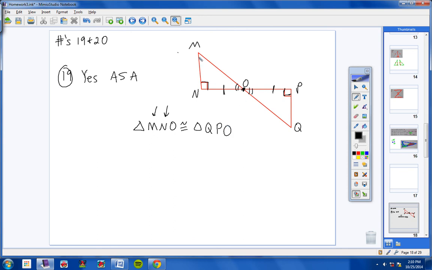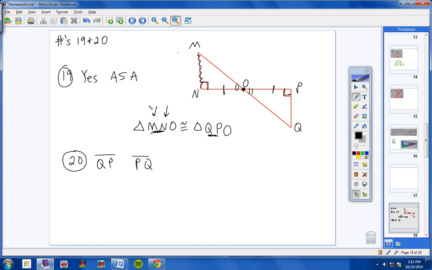O. Now, MN, this segment right here, is congruent to what segment over here? QP or PQ. So at number 20, what segment would you measure that would be the same length as this segment here? It would have to be segment QP or segment PQ.